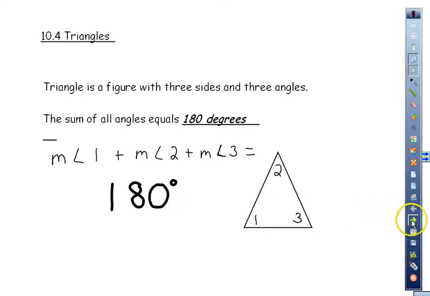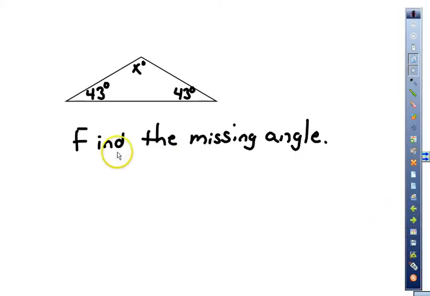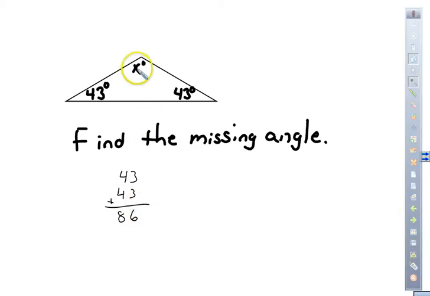So with that being said, if we're trying to find the missing angle, then what you need to do is simply add the measurements that we already have, which we know this angle and this angle are both 43. So 43 plus 43 is going to give me 86. And now, to find that missing measurement, you simply need to subtract that from 180 degrees.